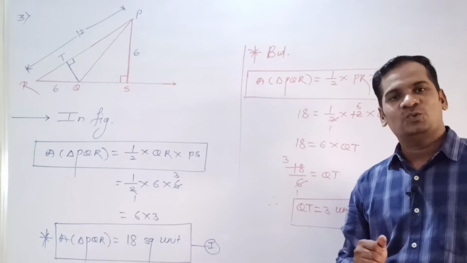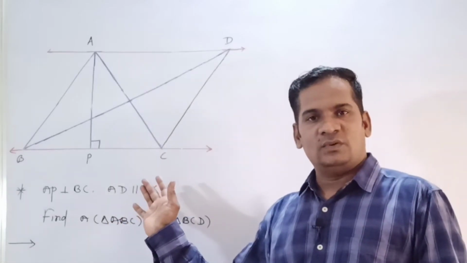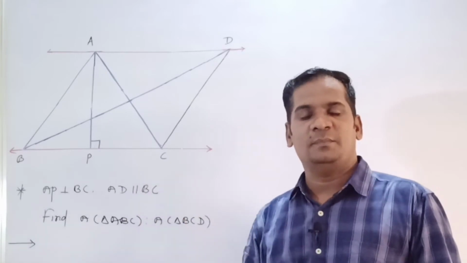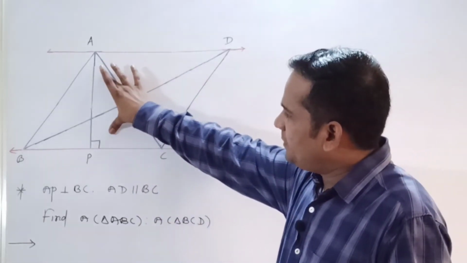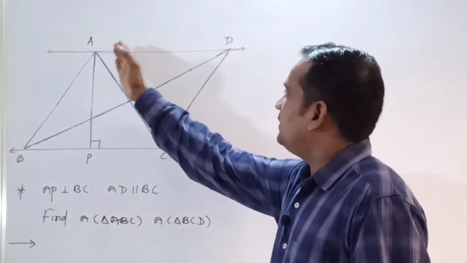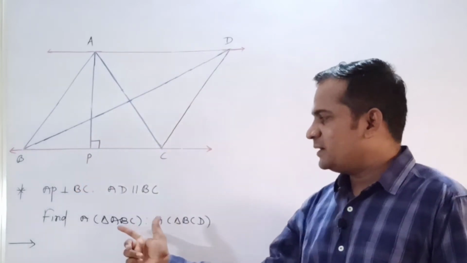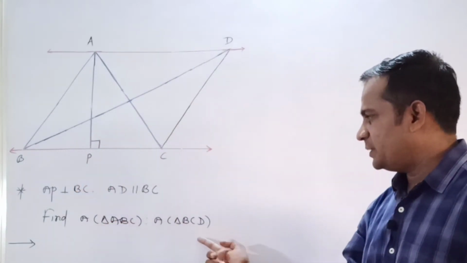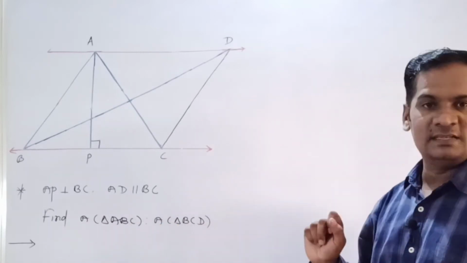So let's move toward question number 4. This is question number 4 from the practice set number 1.1, in which segment AP is perpendicular to segment BC and line AD is parallel to line BC. Then the question is to find out the ratio of area of a triangle ABC and area of a triangle BCD.